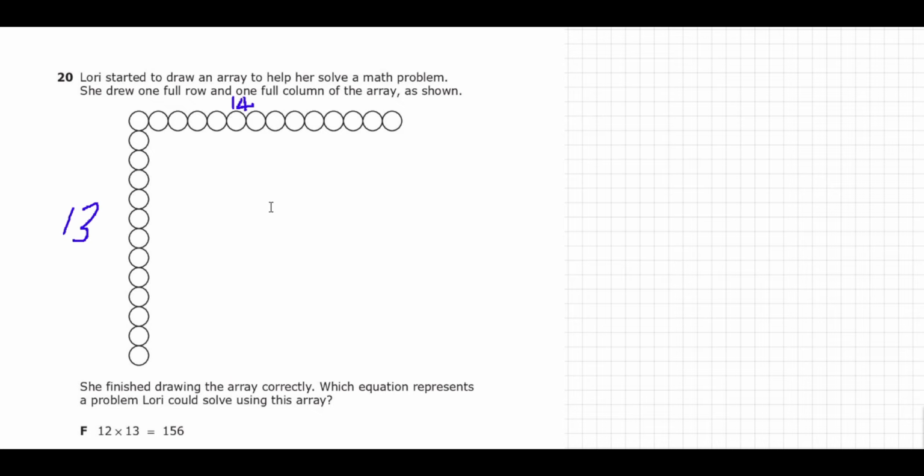The completed array would model the equation 13 multiplied by 14 equals 182. So F, G, H are not the correct answers. The correct answer is option J.